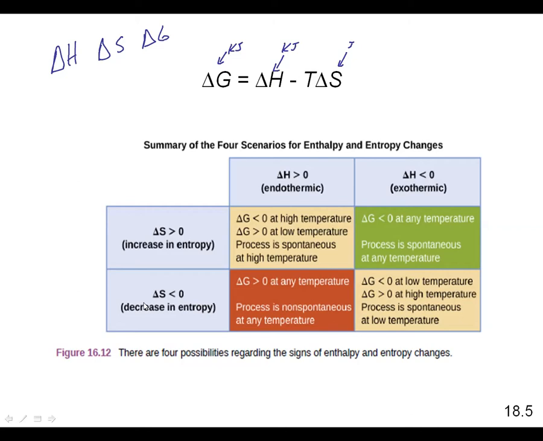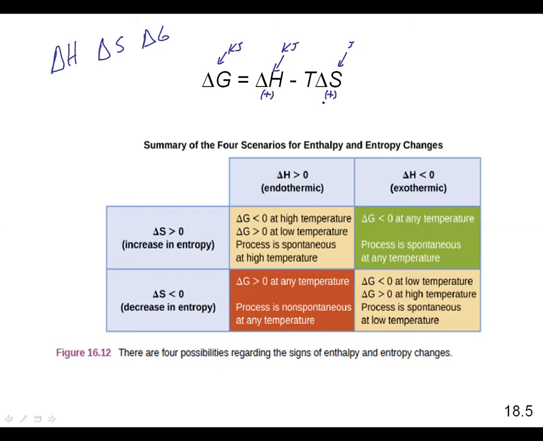So, for example, if we look at this table here that's in your book, if we have a delta H that's greater than 0, so I'm assuming that means it's positive, and we also have a delta S that is positive, delta G would be a positive number at low temperatures, and the process would only be spontaneous at high temperatures in this particular case.